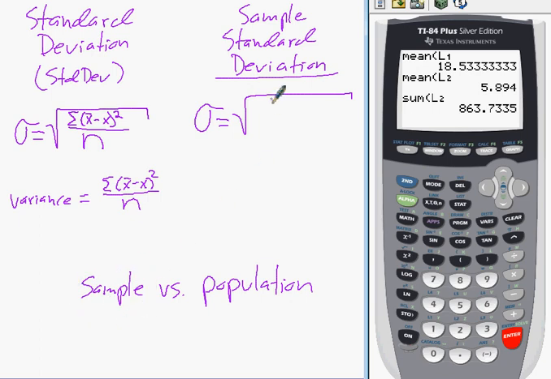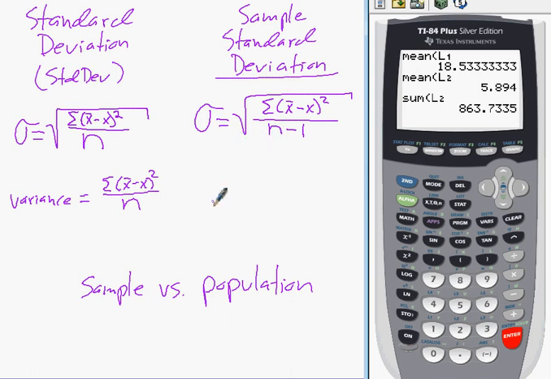And so to adjust and accommodate for that, the averaging is adjusted. So you do the sum of the squared deviations, but instead of dividing by the number of numbers the way you normally would, you actually divide by one less. And this is going to make the standard deviation a little bit bigger.